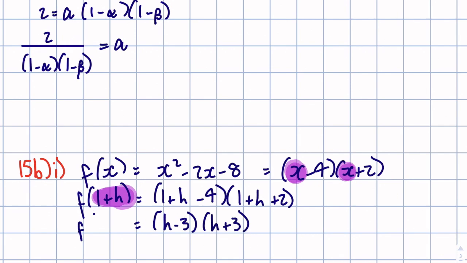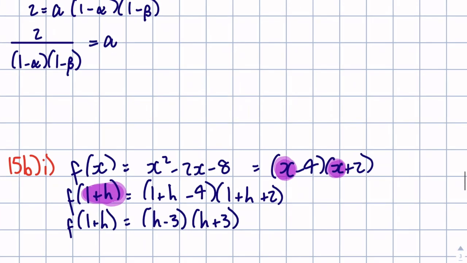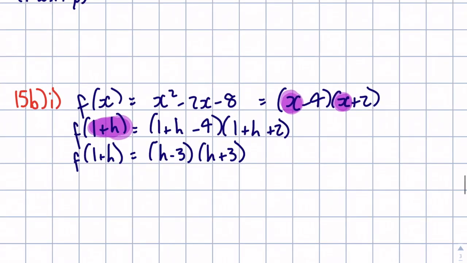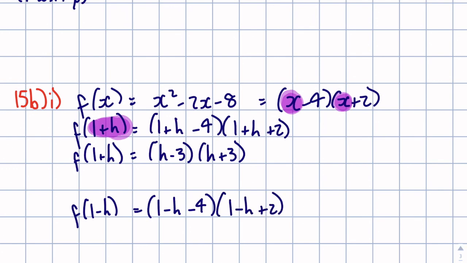And that's f of 1 plus h. Same deal if I'm doing 1 minus h. F of 1 minus h is going to be 1 minus h take 4, 1 minus h plus 2. So here I'm going to have negative h take 3, sorry, negative h plus 3.